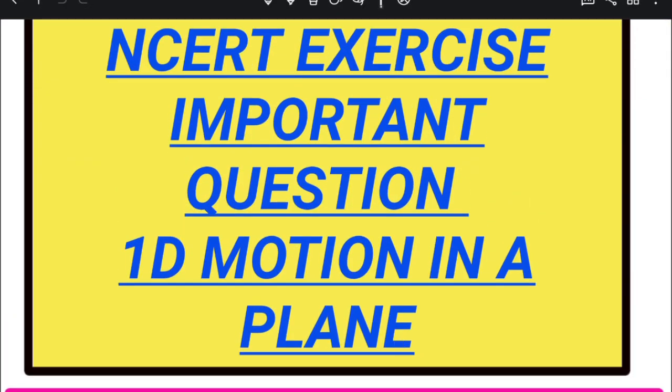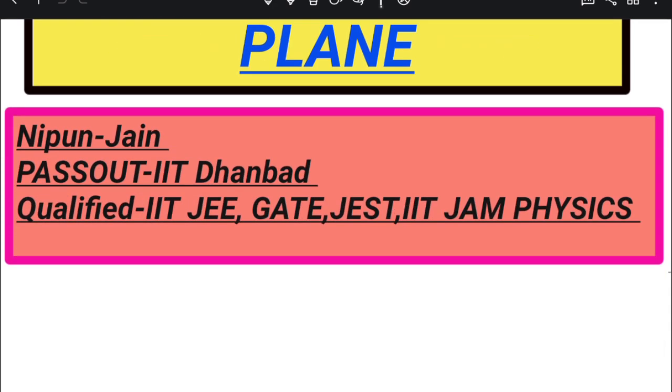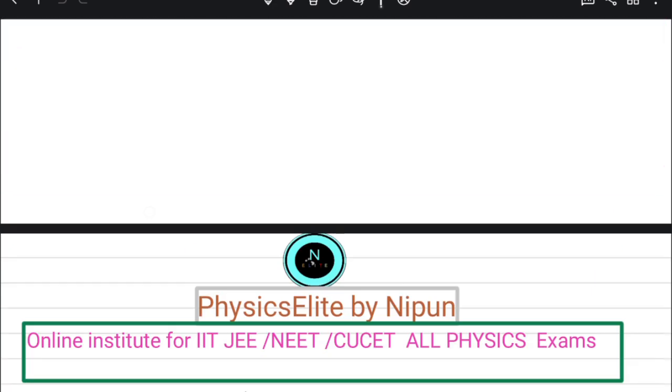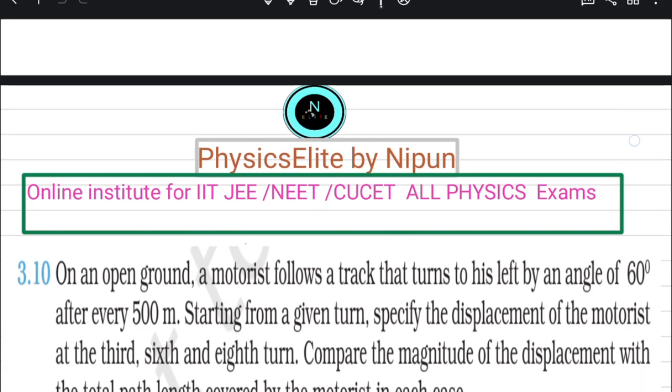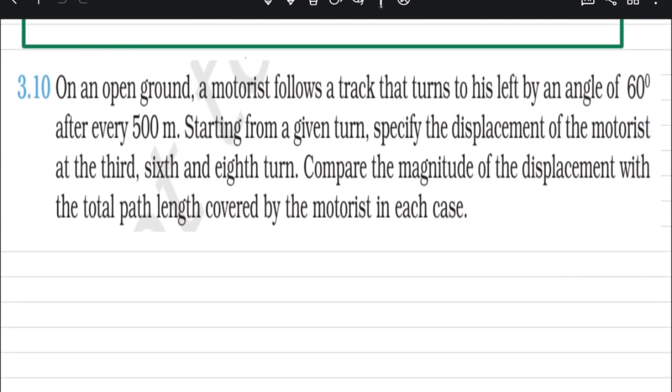In the last videos, we have already solved examples from 1D motion in a straight line and some questions from the exercise. I said in the previous video that I left some of the questions, and now I will solve the rest of the exercise problems. I try to solve all the important questions that are very important for IIT-JEE, NEET, CBSE and state board examinations.